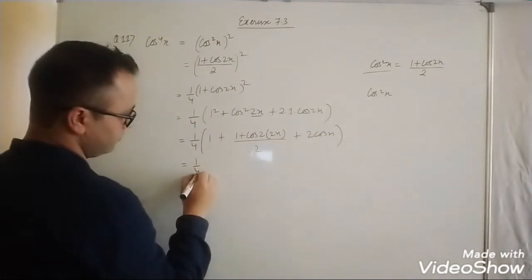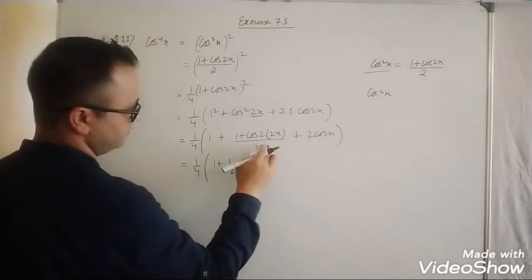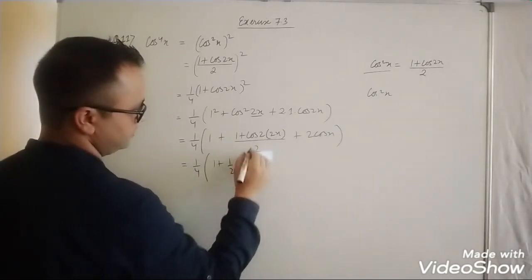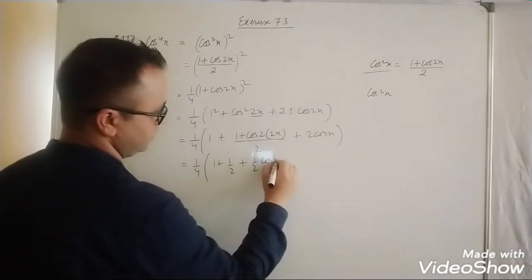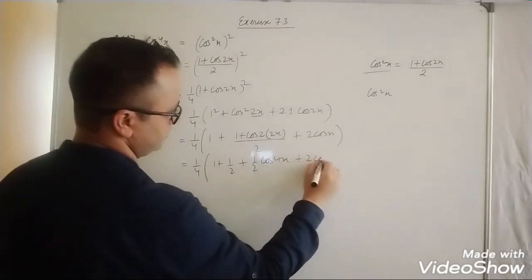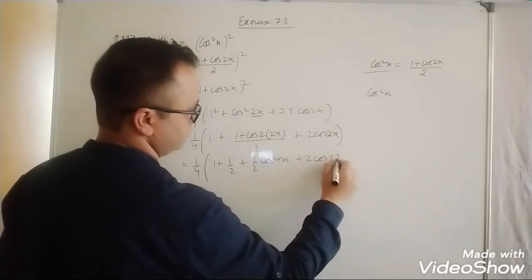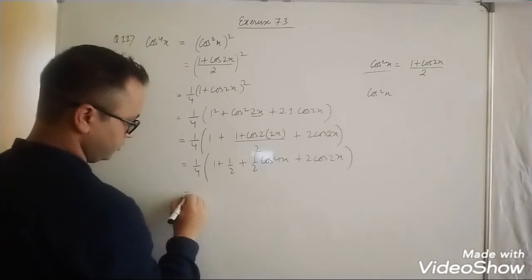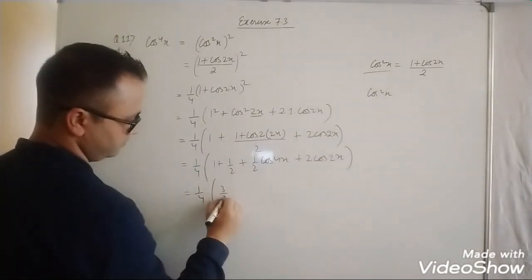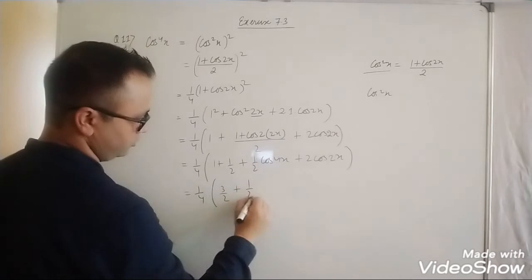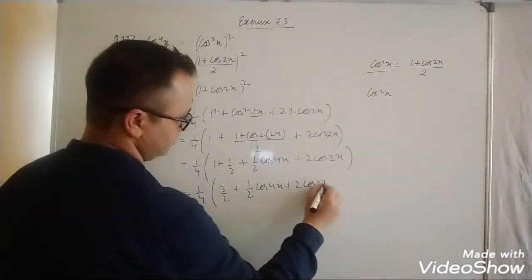This equals 1 by 4, 1 plus, now we will separate this, 1 by 2 plus 1 by 2 cos 4x plus 2 cos 2x. Now 1 plus 1 by 2 is 3 by 2 plus 1 by 2 cos 4x plus 2 cos 2x.